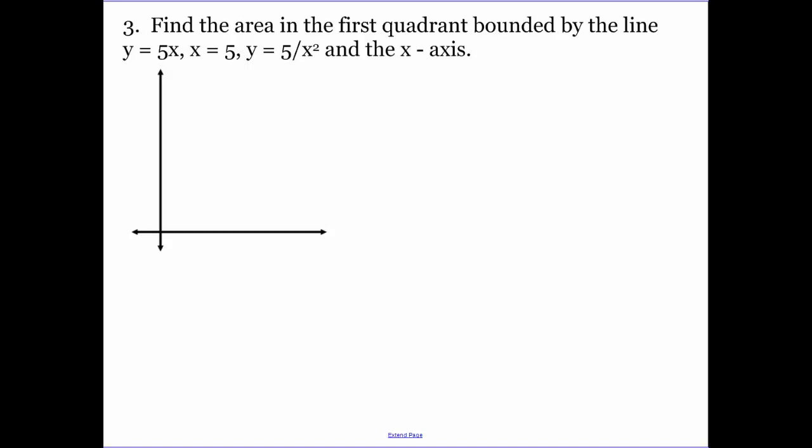The next example that I have for you guys. Find the area in the first quadrant, so that's why I have my first quadrant, bounded by the line y equals 5x. That's a pretty steep sloping line. x equals 5 is a straight up vertical line.